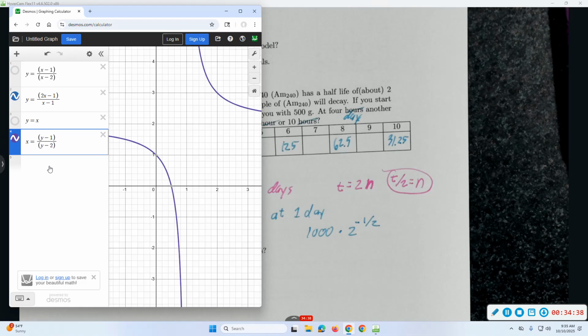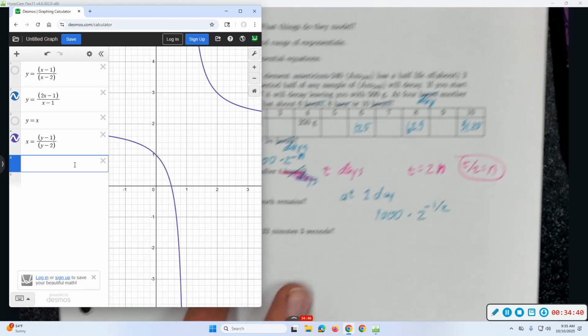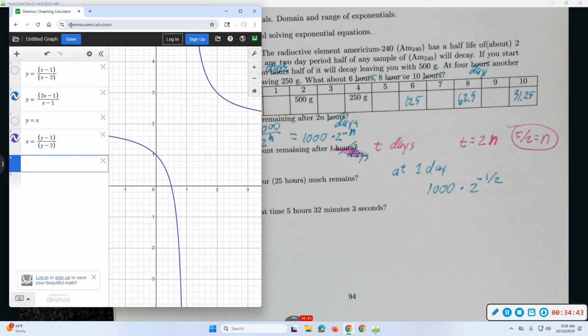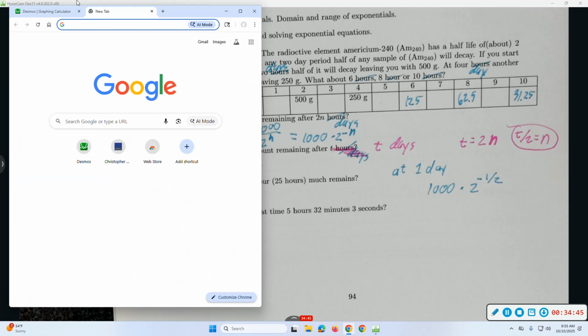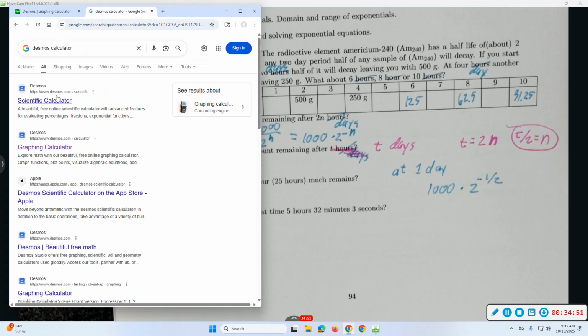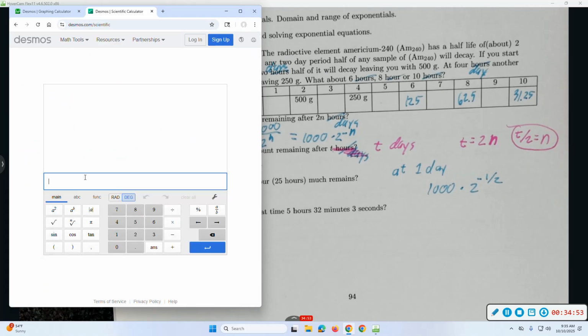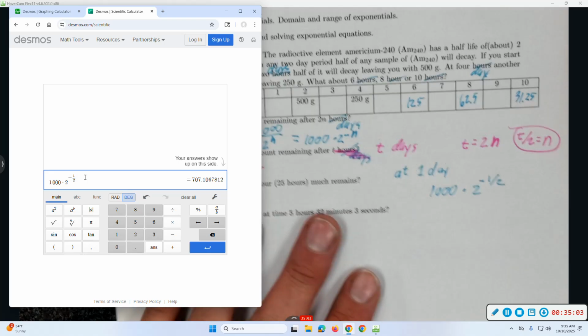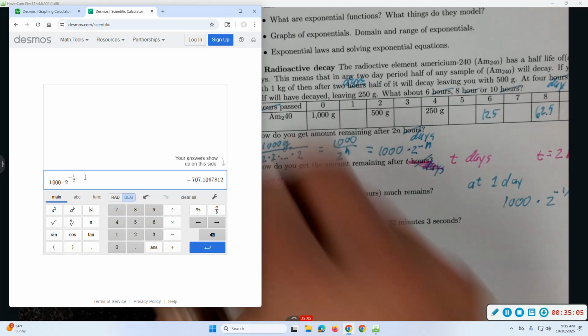I'll use the one that I've tended to be using right now. 1,000 times 2 raised to the negative 1/2. About 707 grams.